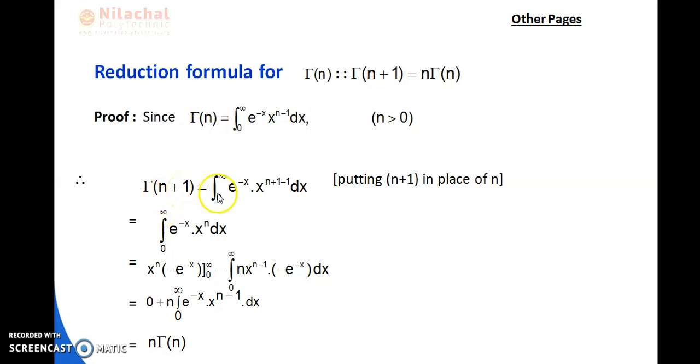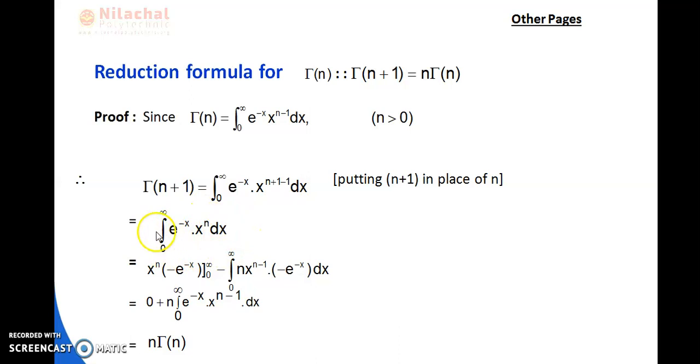So the integration from 0 to infinity of e to the power minus x into x to the power, in place of n we write n plus 1 then minus 1, because minus 1 is there, dx. Putting n plus 1 in place of n, that equals the integration from 0 to infinity of e to the power minus x, and n plus 1 minus 1 cancels, so only x to the power n dx.